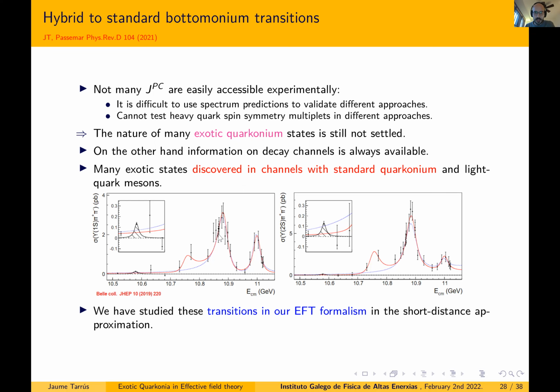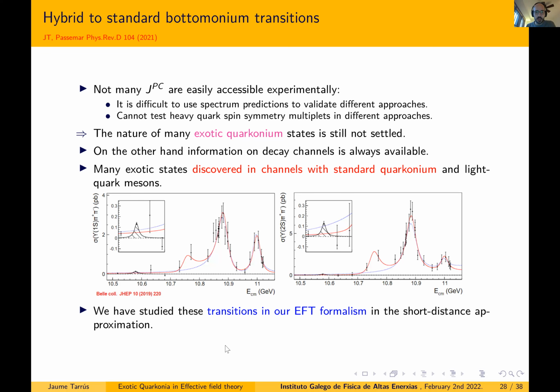Here, these three different peaks correspond to the three neutral quarkonium exotic states that I was discussing before. The first peak corresponds to the Upsilon 10,753. The second peak is the Upsilon 10,860. And the last peak is the Upsilon 11,020. As I discussed before, the first and the last one fit very nicely into our predictions for quarkonium hybrids. So the idea was to study the transitions of these two states into standard quarkonium under the assumption that these are hybrid quarkonium states.